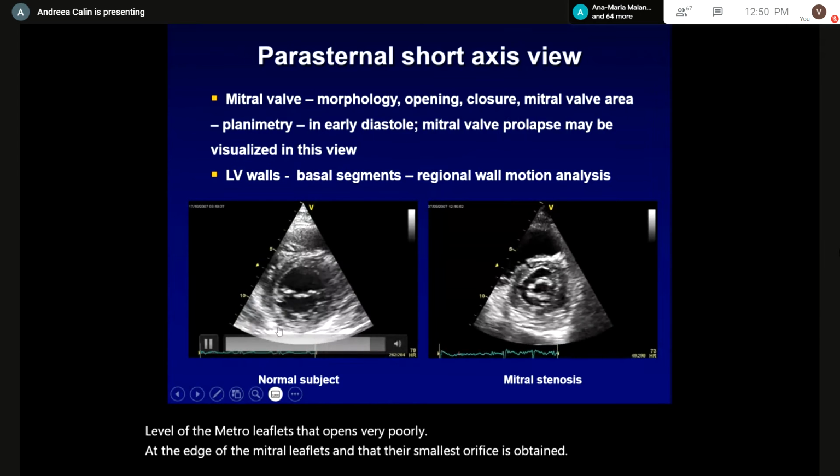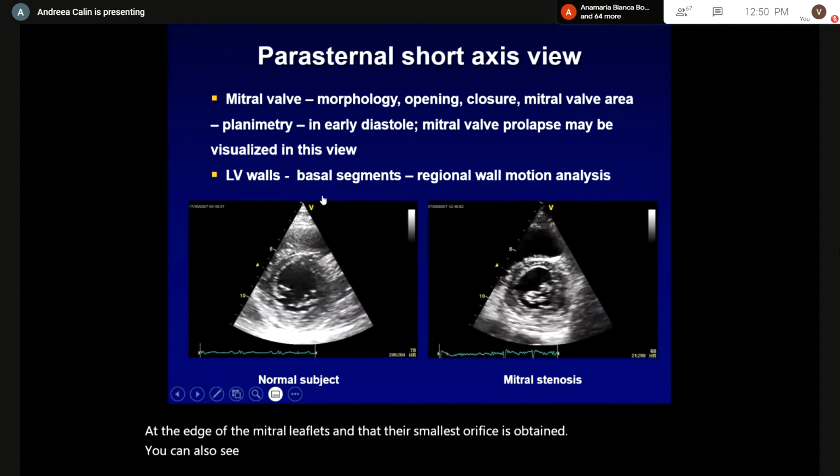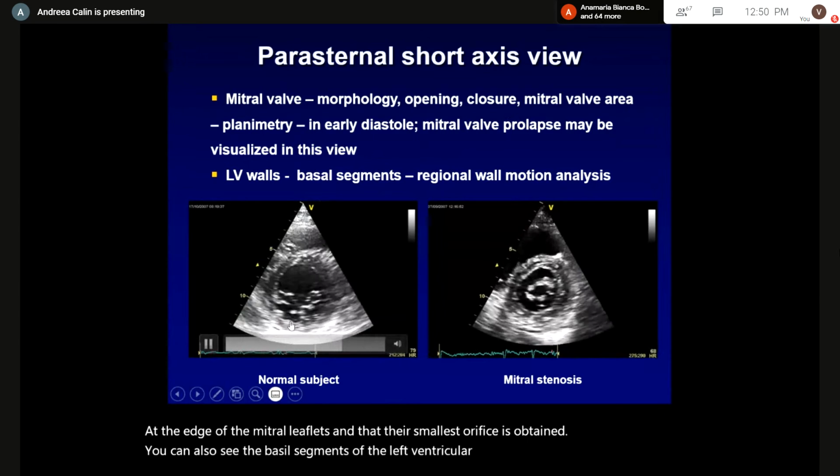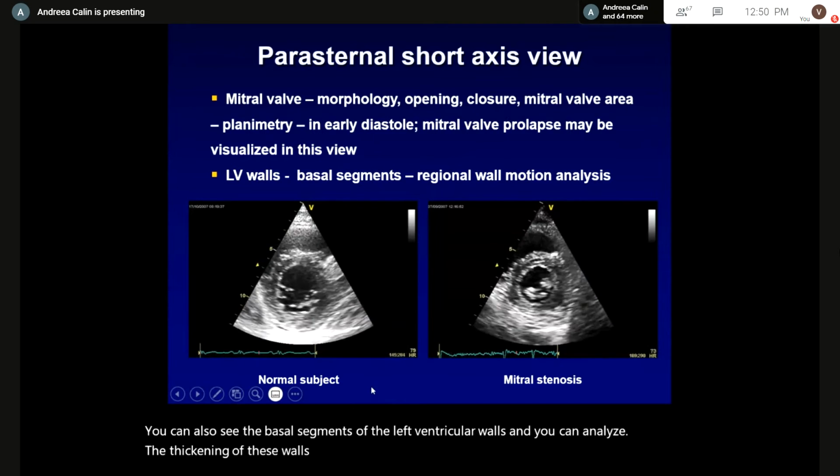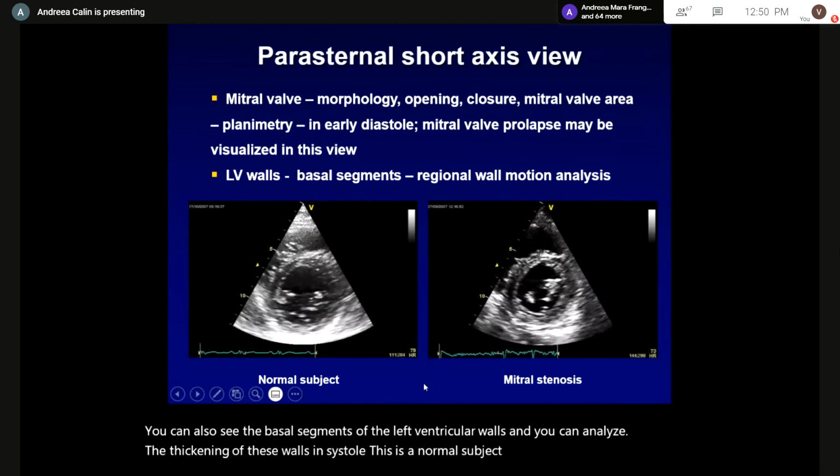You can also see the basal segments of the left ventricular walls, and you can analyze the thickening of these walls in systole. This is a normal subject and the subject with mitral stenosis.